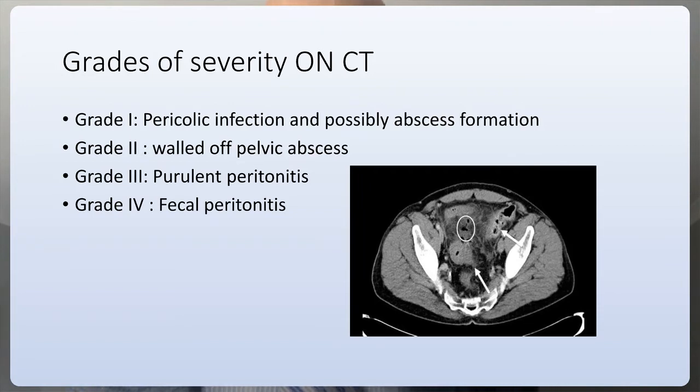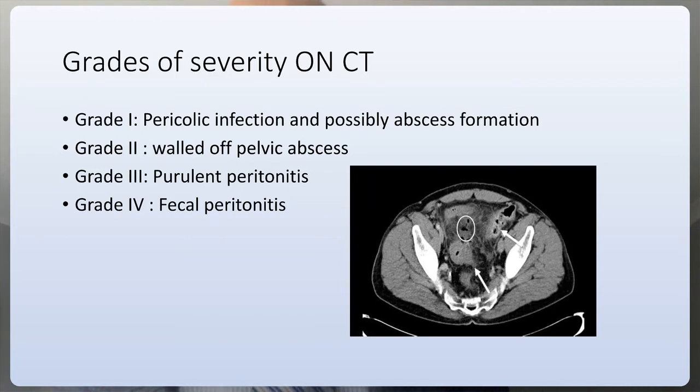Now, the severity or the grade of the diverticulitis can be divided into 4 grades, and this is called the Hinchey classification or grading system of diverticulitis. Now, grade 1, when you have just a colic inflammatory process, so the process of perforation and infection, and the inflammatory process, the whole process is limited to the area surrounding the colon without any spread of the infection elsewhere.